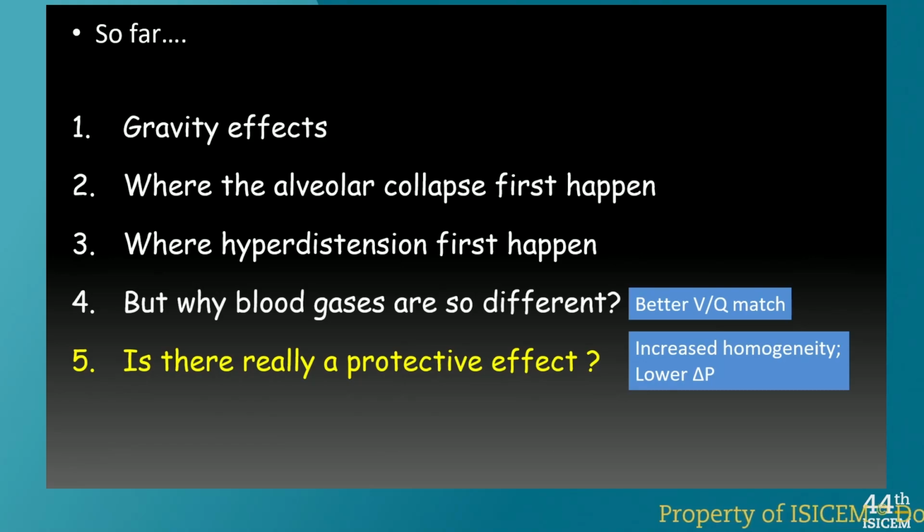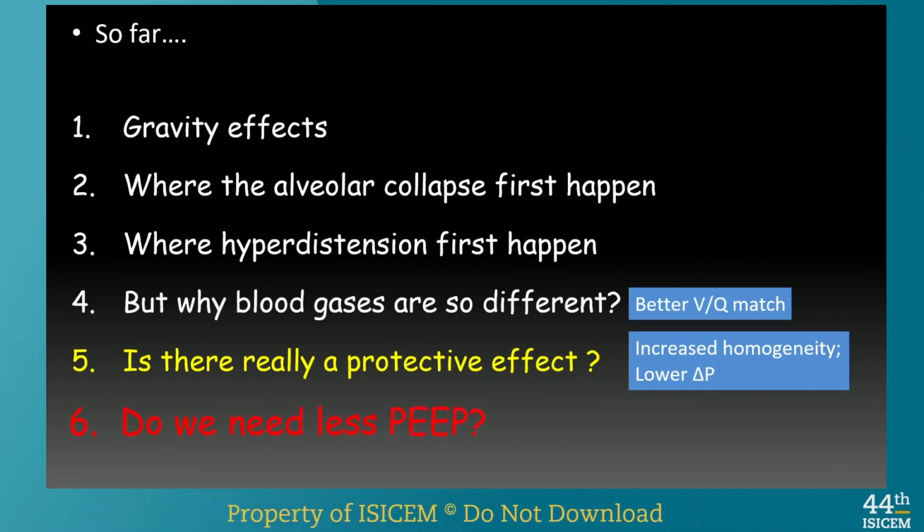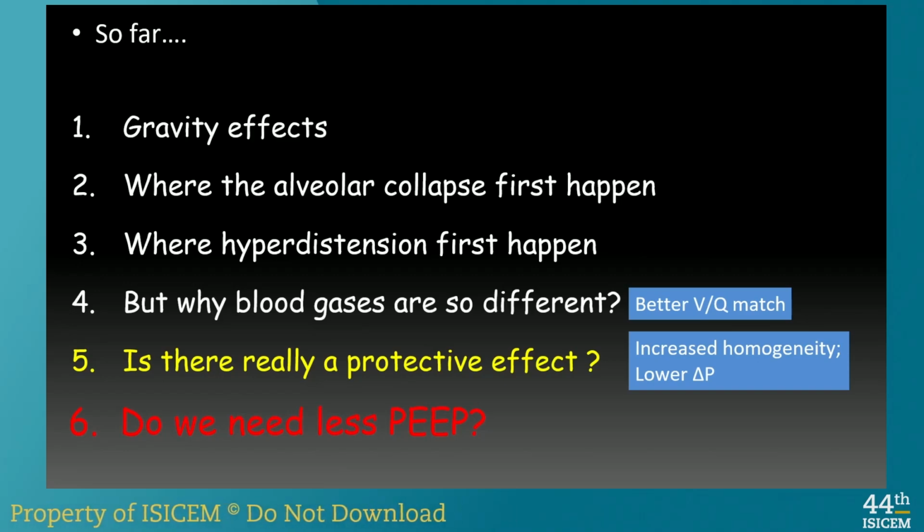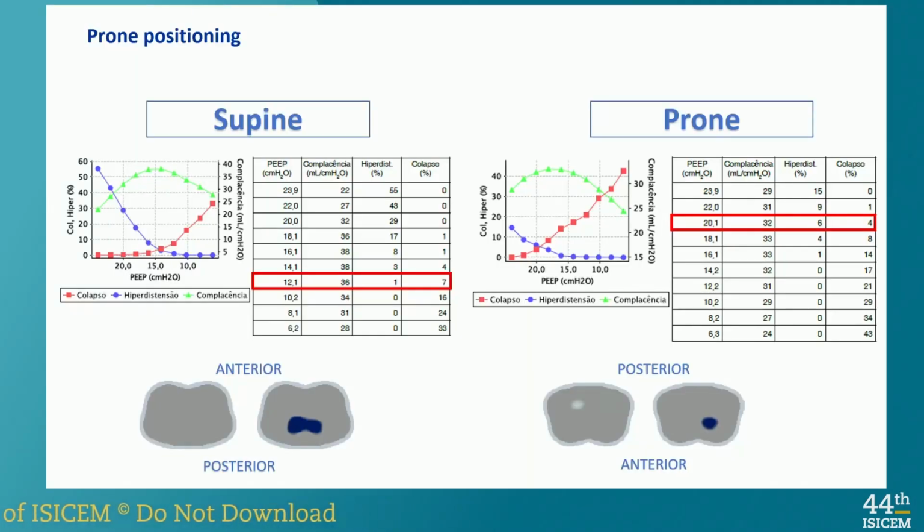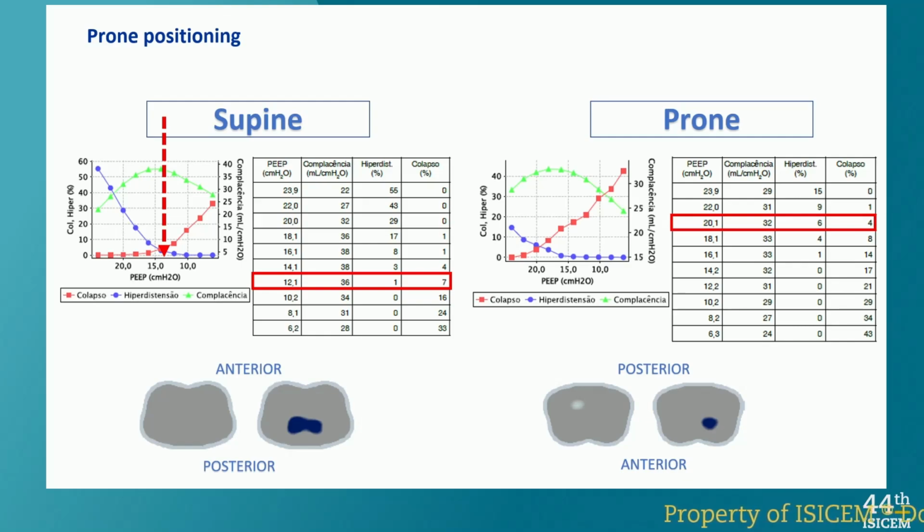So, is there a protective effect? Yes, because you have increased homogeneity and lower driving pressure because you have better compliance. Do we need less PEEP? Then this is very complicated. We tested using EIT, and as you know, the results of EIT are identical to the results of CT. When we measured the ideal PEEP in supine, we found 14, for instance, in this particular case.